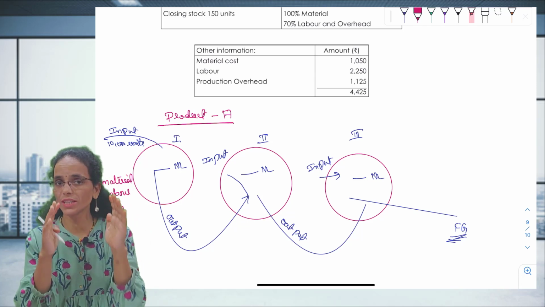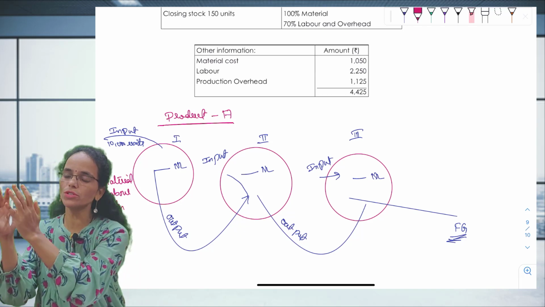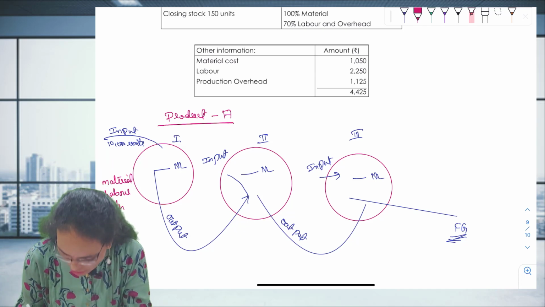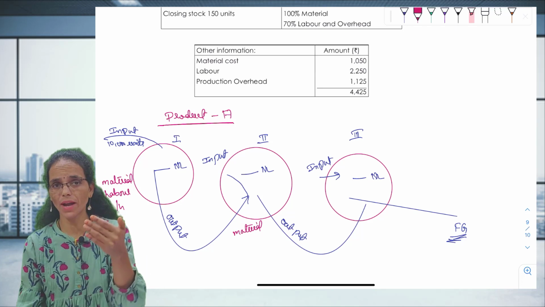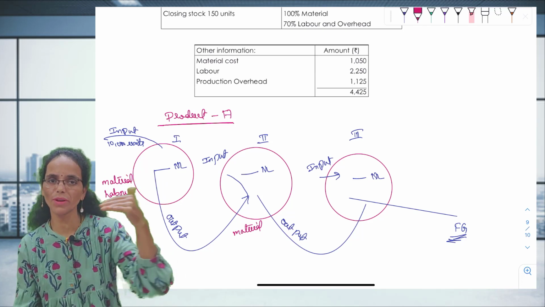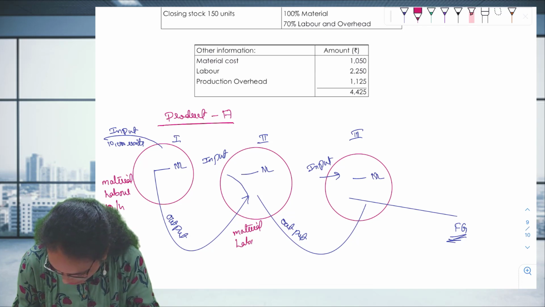100% we are not consuming in the first process, because in the second process also something has to be done, and in the third process also. So here also we insert some material if the process demands, otherwise the output of the previous process will be the input for the current process. And the labor and overheads.